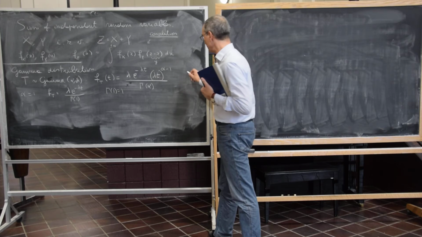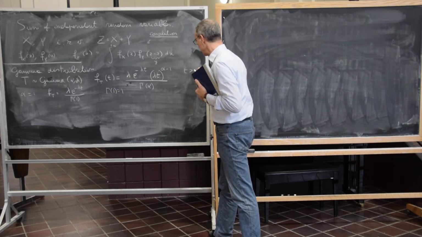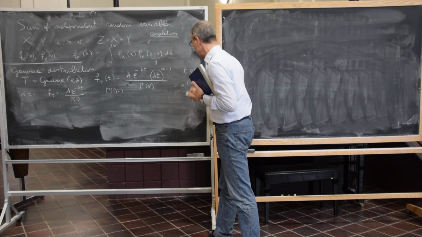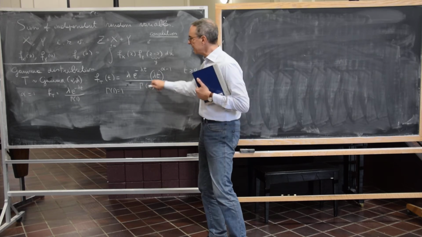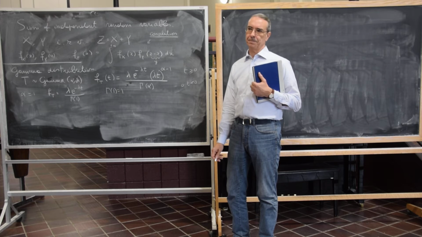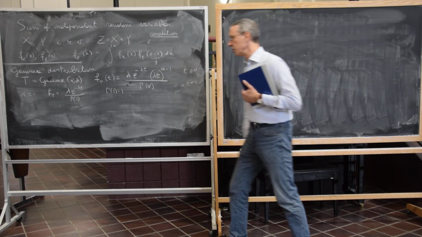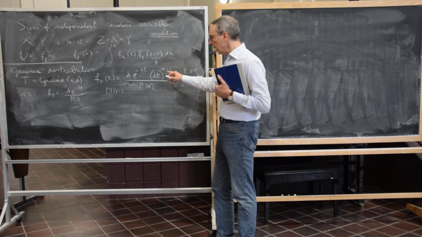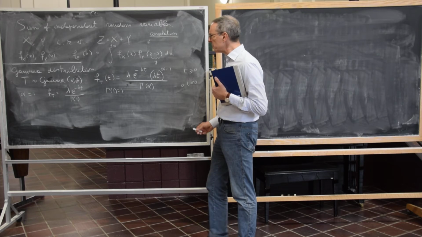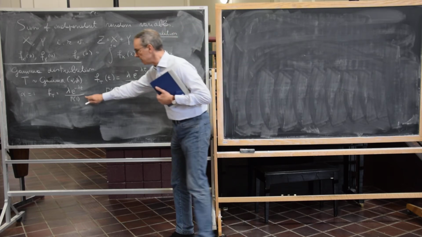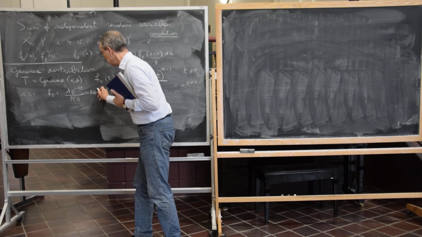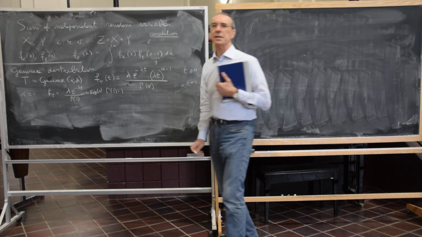In fact, this is for t greater than 0, and it is 0 for t less than 0, right? So this is just a normalization factor. So the first observation is that this is the exponential distribution of parameter lambda.